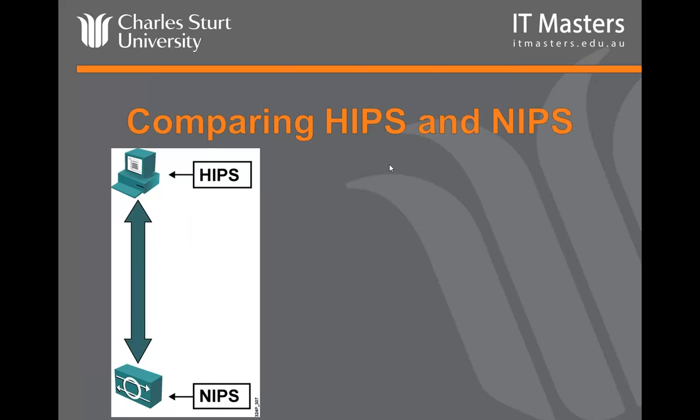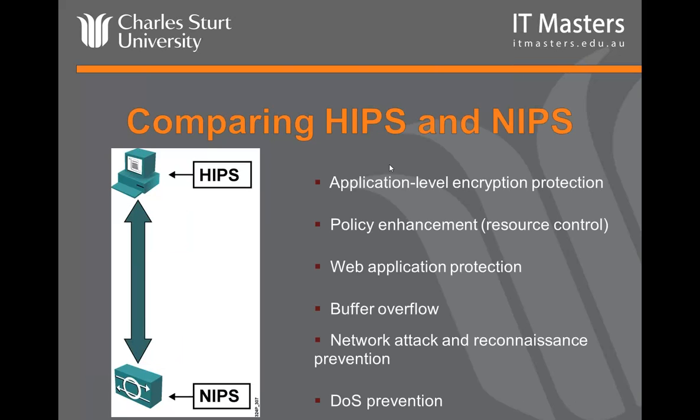Okay, if we do a little bit of a comparison between HIPS and NIPS. So HIPS and NIPS are complementary to each other. Okay, so the two-ended arrow here in the diagram really is just representing the relative weight that each of these systems places on specific functions.